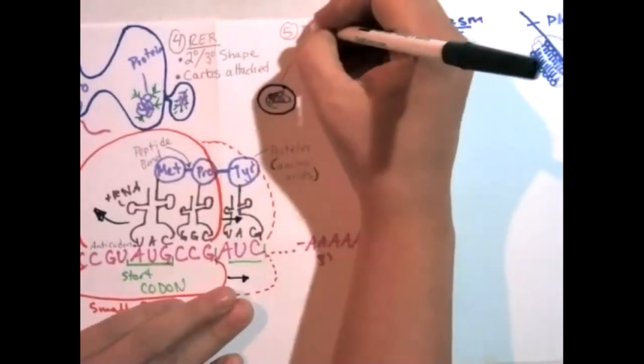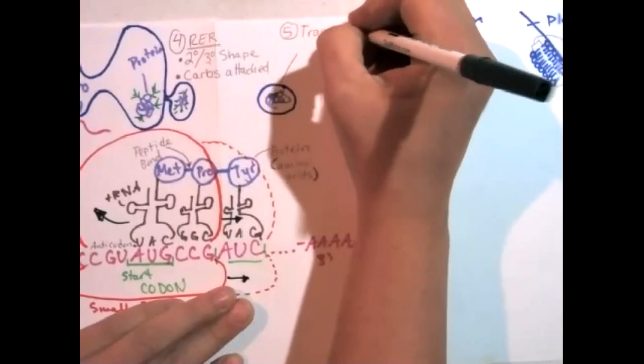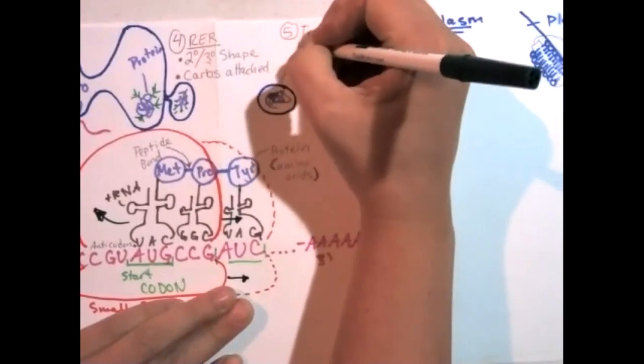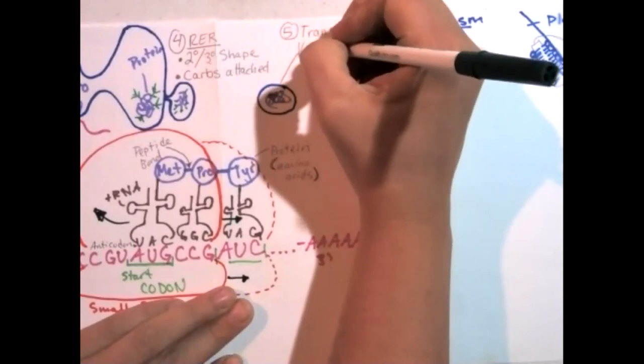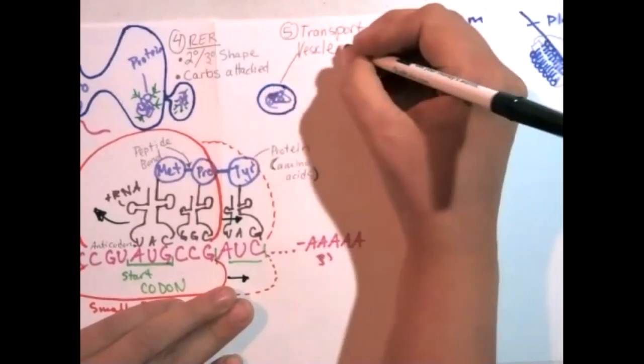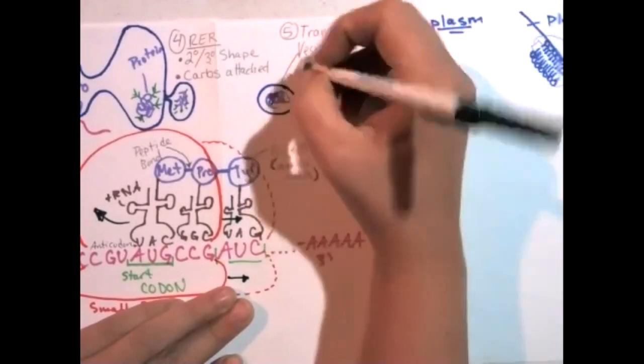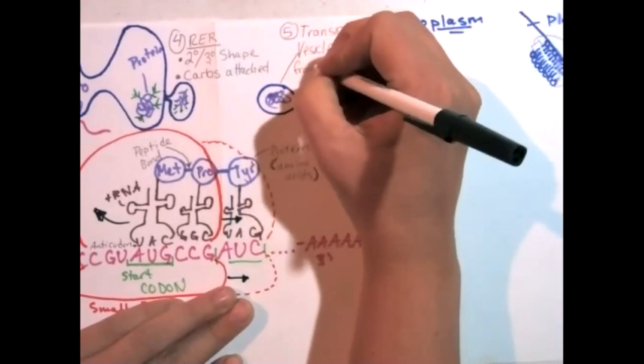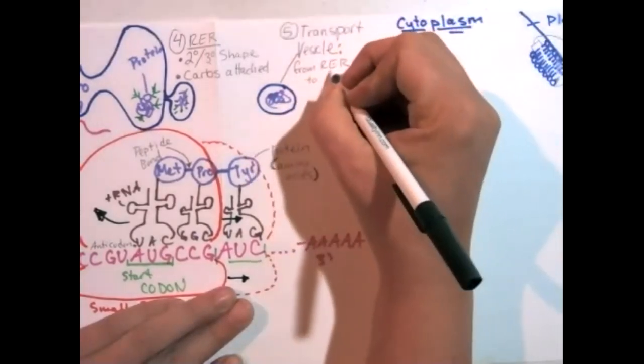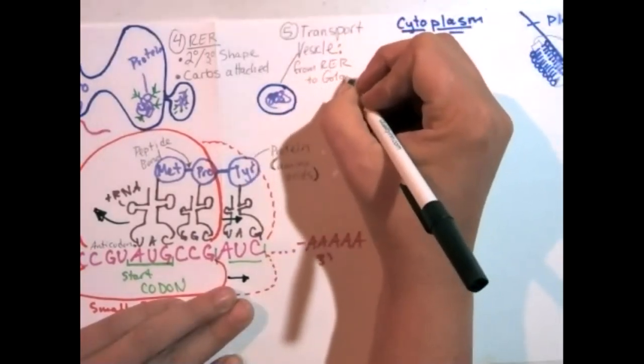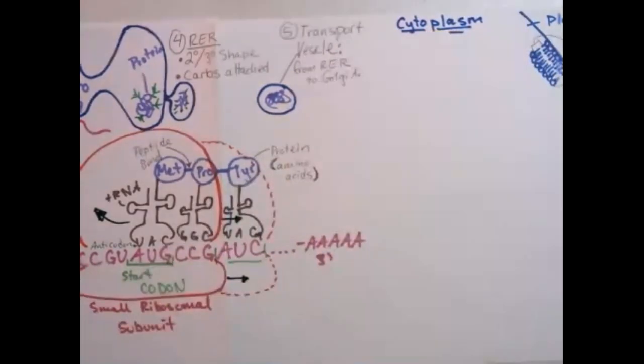Step number 5. Transport vesicle. The vesicle is going to carry the protein from the RER to the Golgi apparatus.